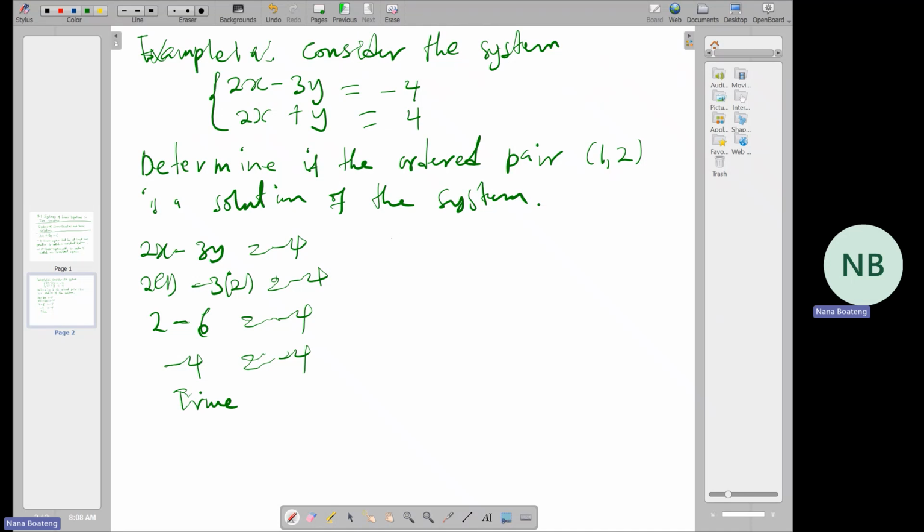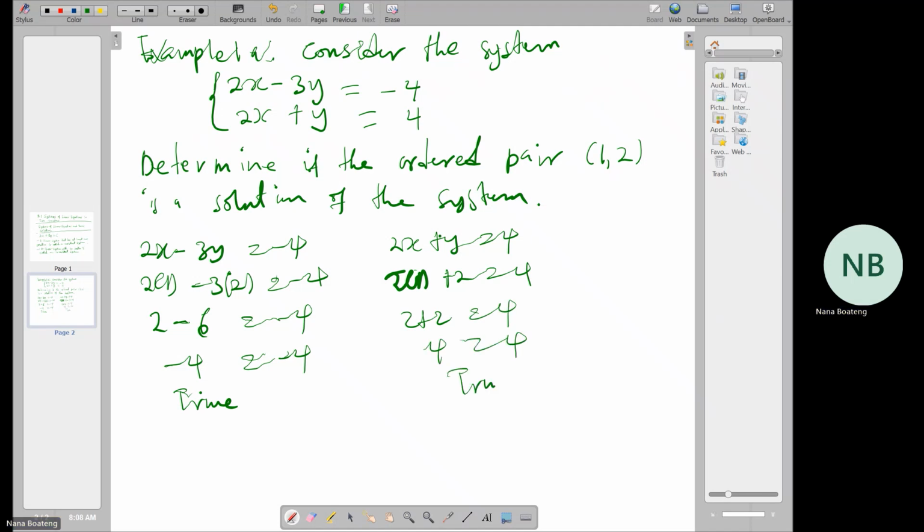Let's look at the second one, which is 2x plus y is equal to 4. So 2 times 1 plus 2 is equal to 4. So 2 plus 2 is equal to 4. So 4 is equal to 4. This is also true.